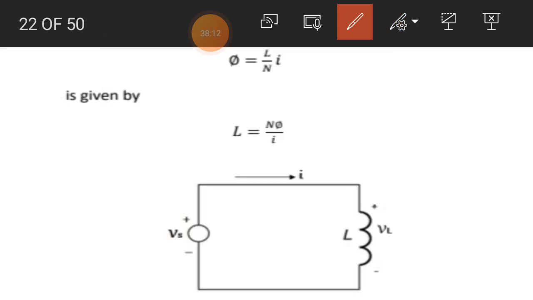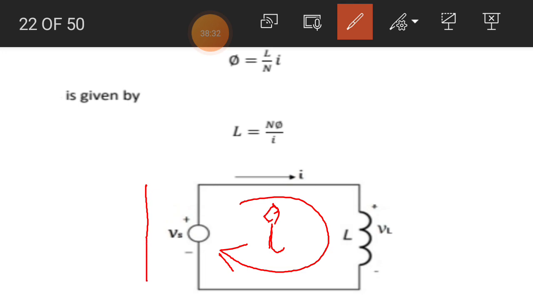Anyhow, we apply KVL to this loop. The current in this loop is in the clockwise direction. Keeping in view the direction of this current, the voltage of the voltage source is a voltage rise, because this current flows from the negative terminal of the voltage source towards the positive terminal.